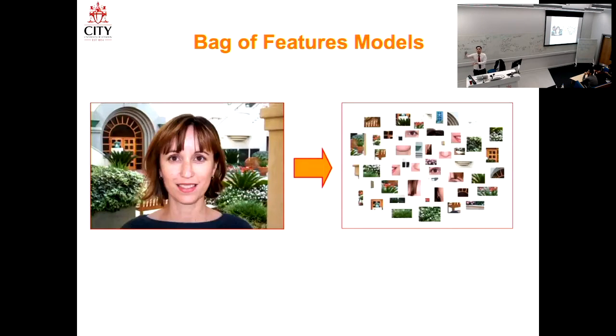Take a few hundred features from each image, and take the same from the cat images as well. Find the number of clusters that you want, and then you create something called a dictionary of features.